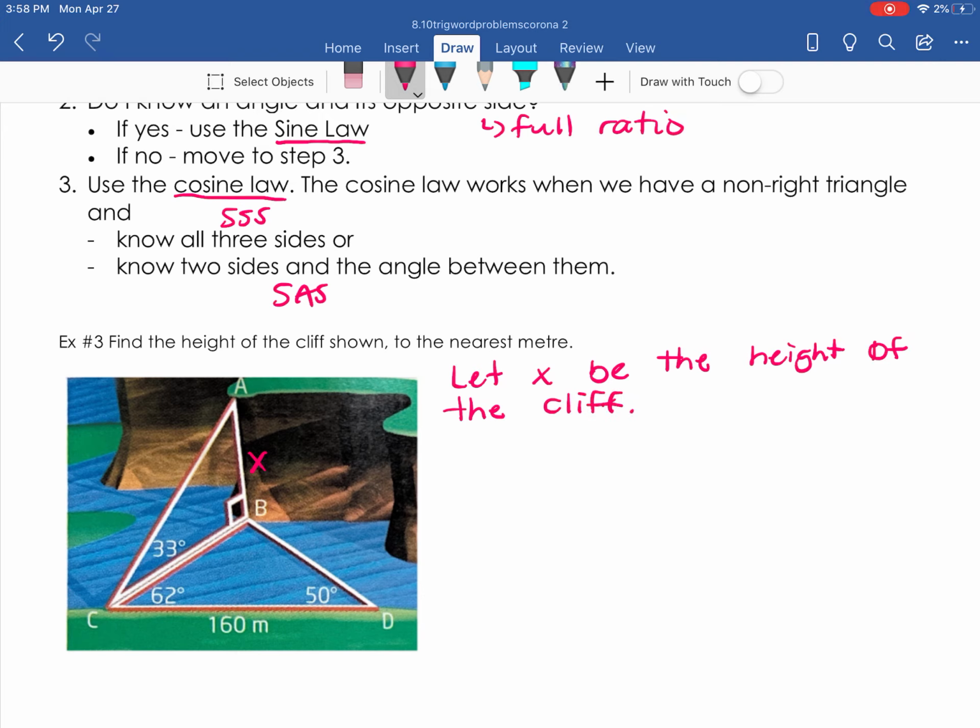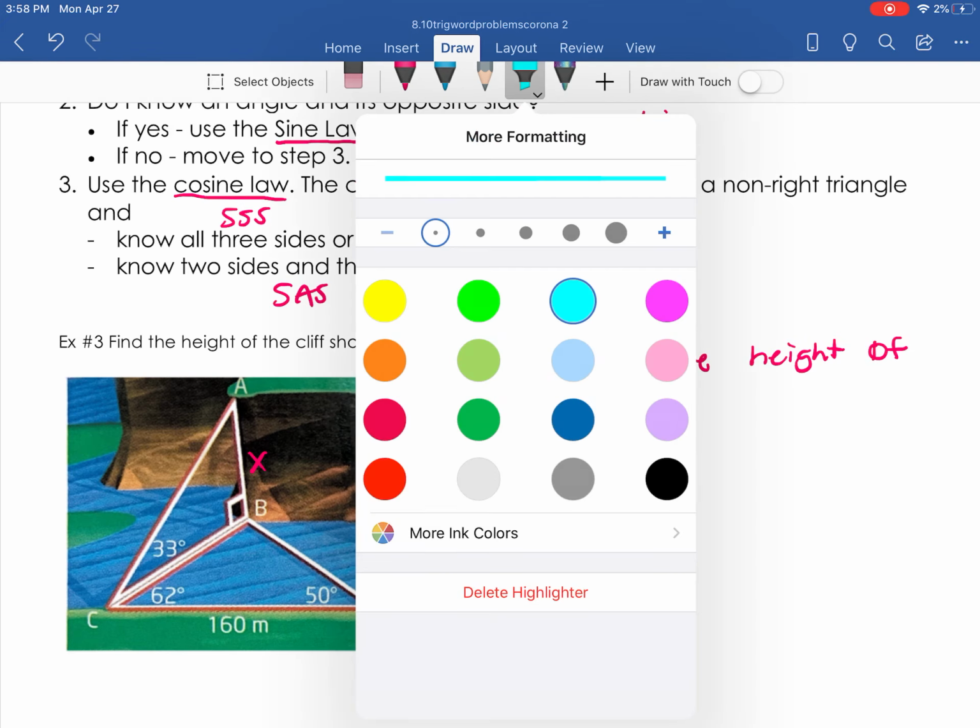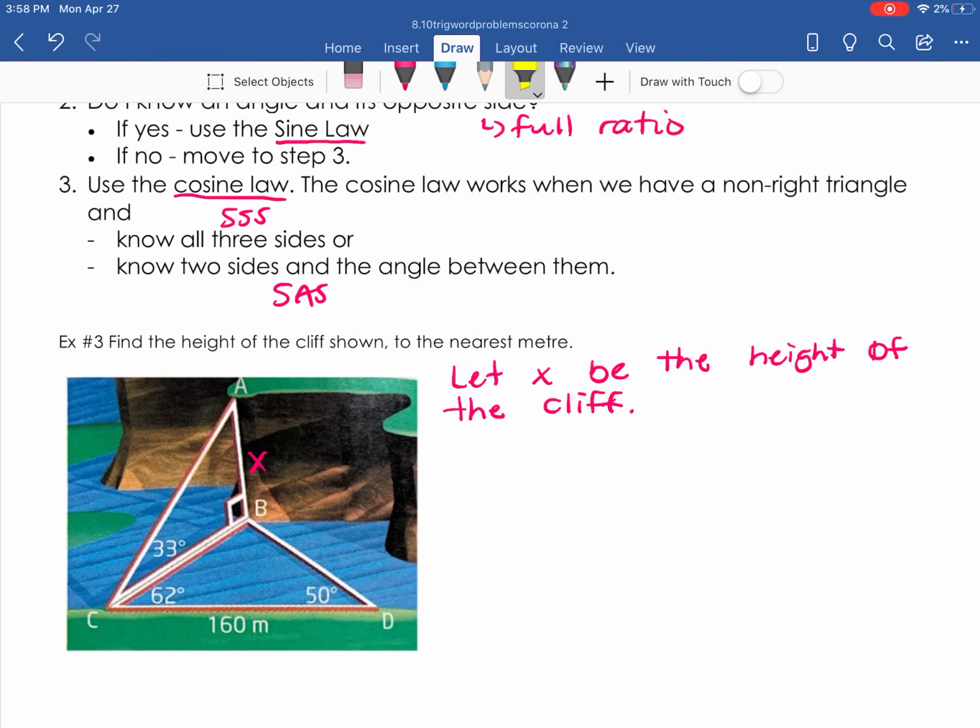Okay, so if you'd like to highlight this triangle here, the one that the height of the cliff is part of, that is a right angle. So then we can do SOHCAHTOA, right? But we need two sides and we don't have two sides.